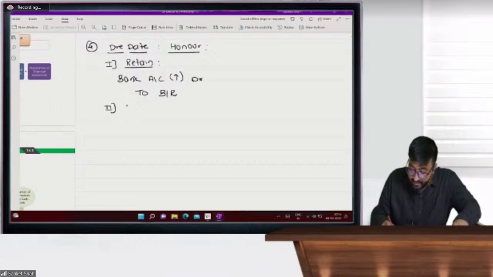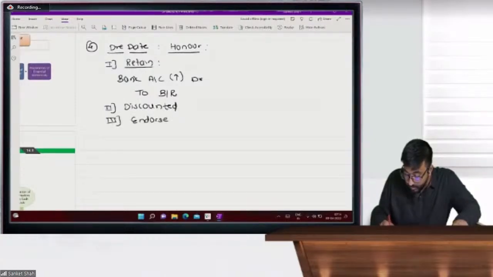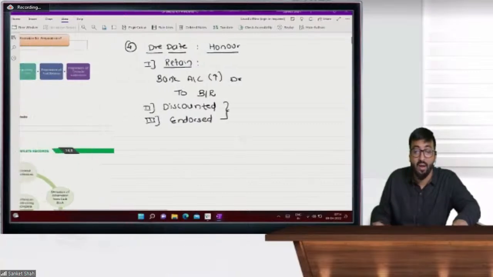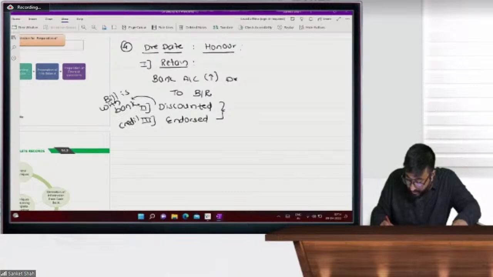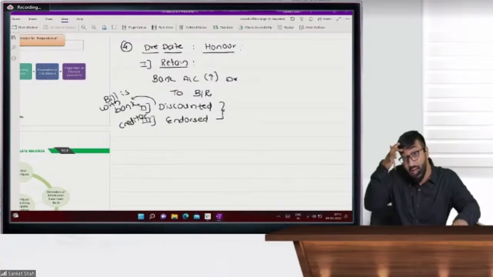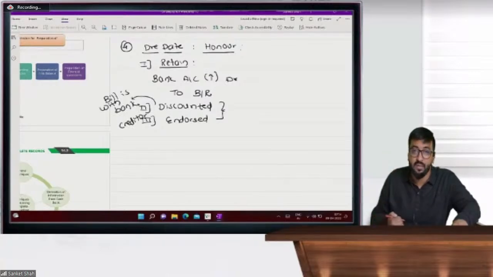Second case, discounted. And third case, endorse. In both these cases, the bill is not with the drawer. Here the bill is with the bank, and here the bill is with the creditor. So the bank will ask the drawee, please pay me on the due date because the bill is not with us.